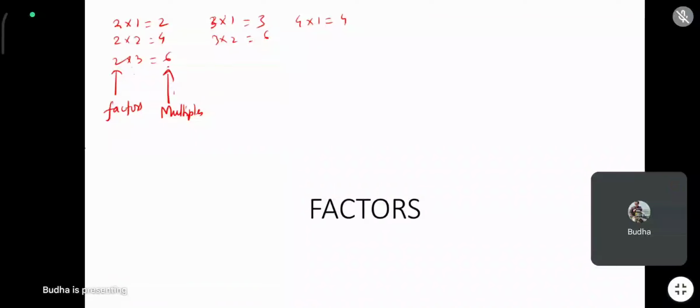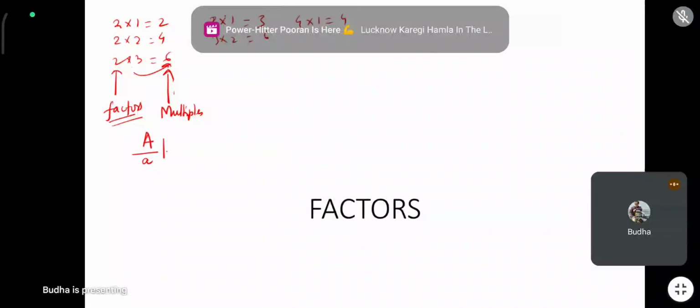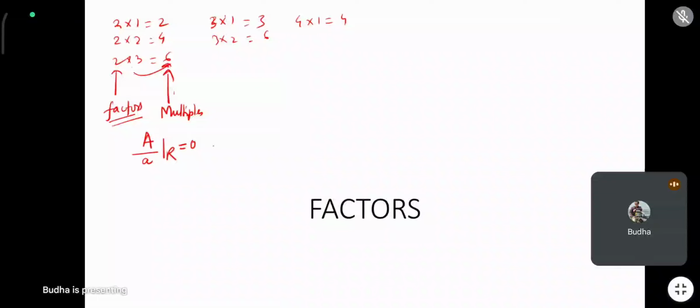Factors are nothing but numbers which can divide the multiples easily. So if I say capital A is divisible by small a, and divisible means what? When capital A is divided by small a, the remainder is 0, then a is a factor.